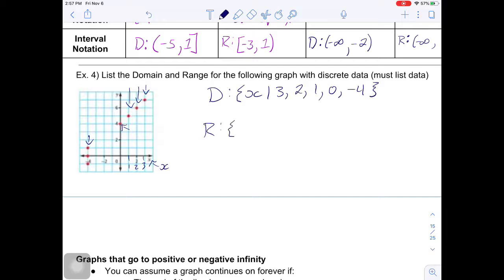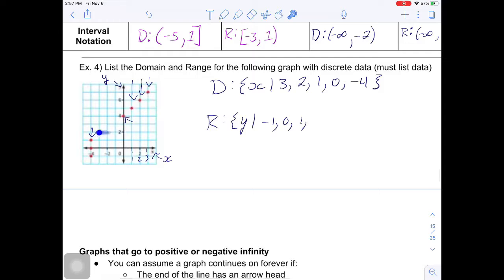Now let's talk about the range. Remember, the range is found on your vertical axis. Can't quite see that, but this says y here. So this has labeled your range as y. Now what can y be? Well, here, y can be wherever your discrete data is found. So this is -1, this is 0, this is 1. So far we have -1, 0, and 1. We skip 2. There's no point found on 2.